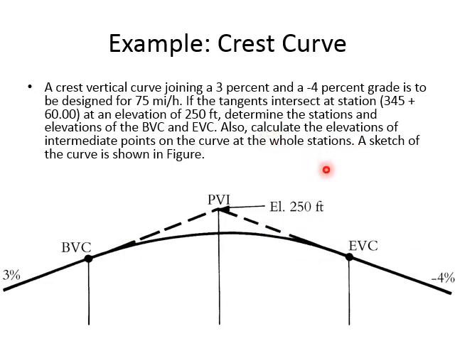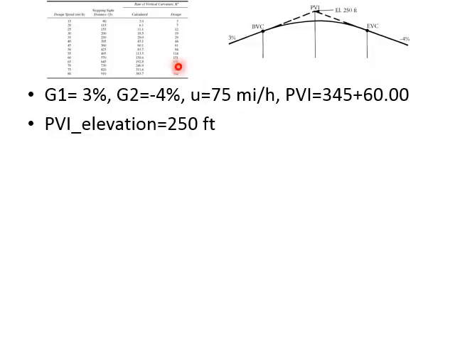So first of all we need the length of the curve. For finding out length of the curve we have the K table with us. We know the design speed is 75 miles per hour. If you come here at 75 miles per hour, the rounded off K value is 312.